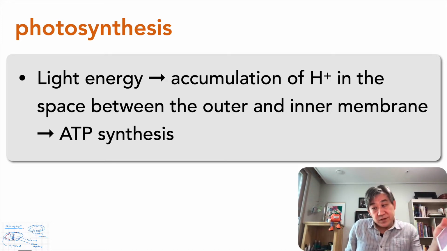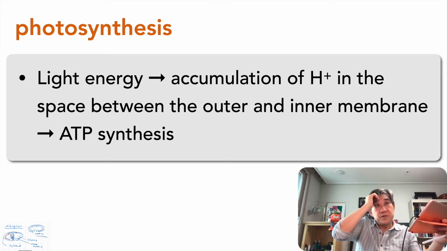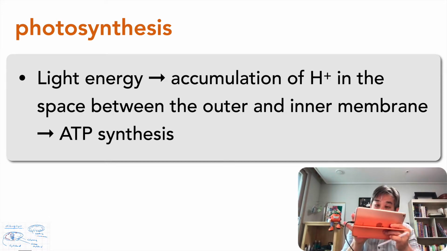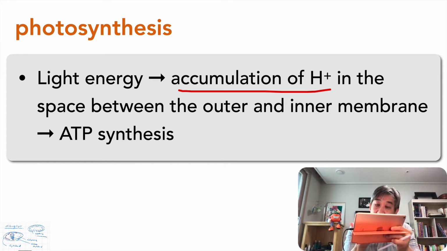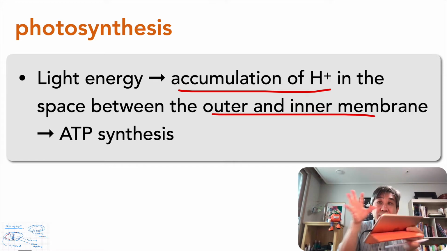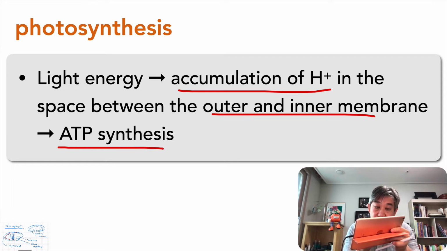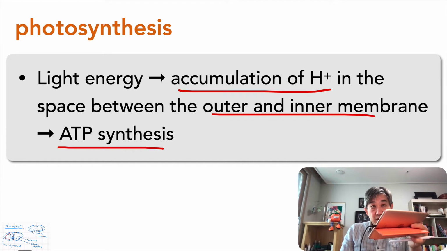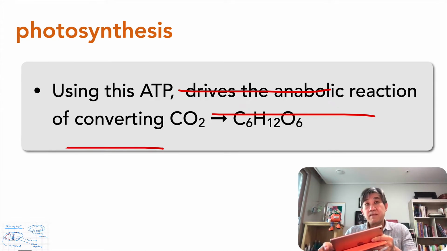Another very strikingly similar feature of the reaction happening in photosynthesis is the hydrogen ion, proton, accumulation in the space between the outer and inner membrane, and that potential energy is utilized in the synthesis of ATP. We have exactly the same thing seen in the electron transport chain of aerobic respiration, which occurs in the inner membrane of the mitochondria.